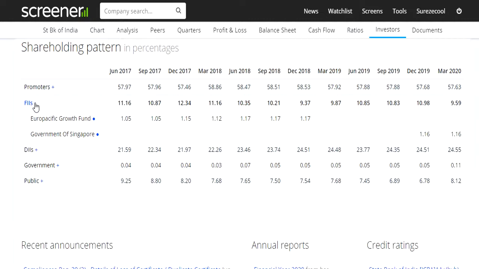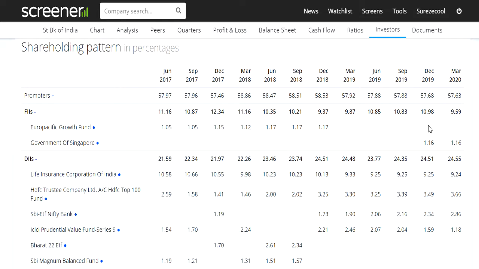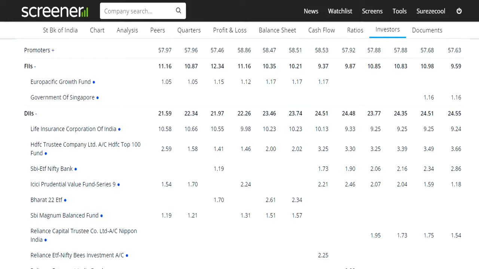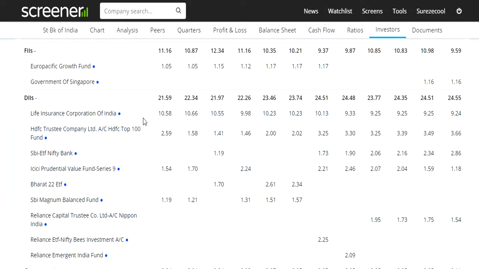If you open this one, you can see which foreign institutional investors are investing in this particular company. You can open domestic institutional investors, and you can see Life Insurance Corporation is holding around 10%, continuously holding around 9 to 10%, and then HDFC Trustee, and the Bharat 22 ETF, which was released recently, right?